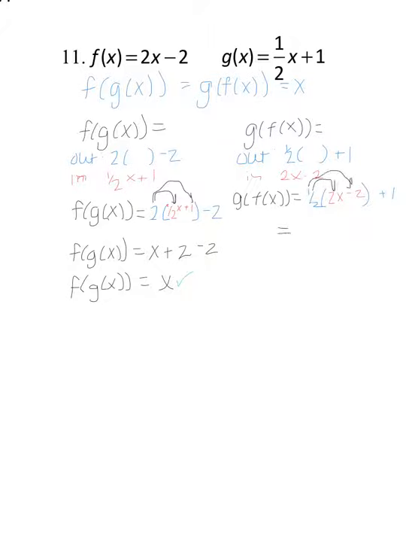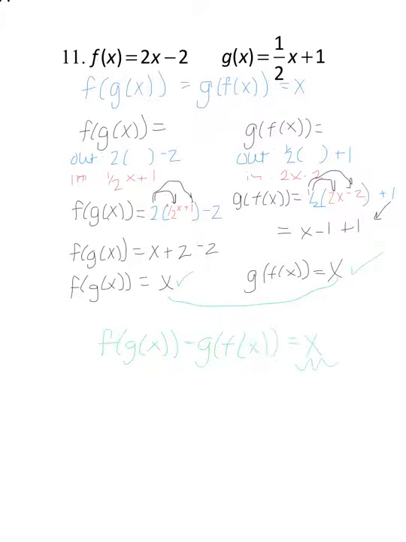We get 1/2 times 2x is just 1x. 1/2 times -2 is -1, and then plus 1 from the end right there. So g of f of x is just x. And that is the second, we were looking for that. We want them both to be x's. And so since f of g of x is equal to g of f of x is equal to x, f and g are inverses.